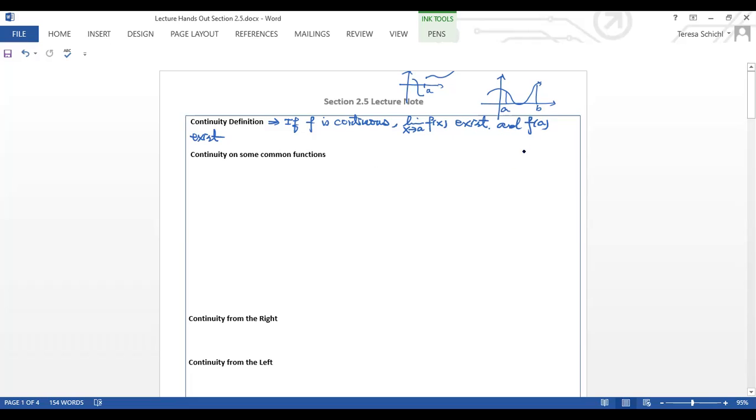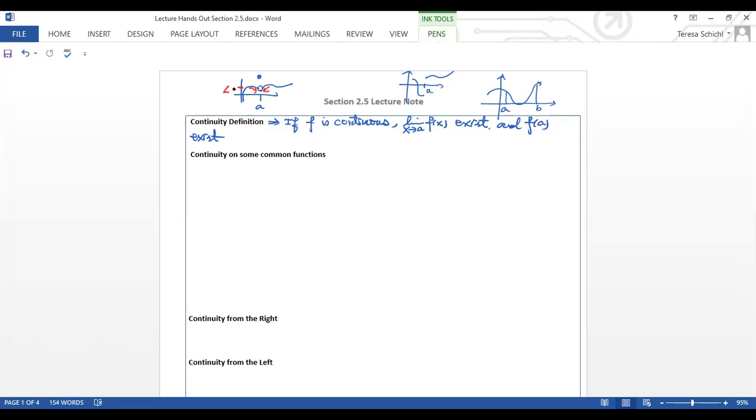Sometimes, for example, if you still remember, if I have a function like this, and this is A, we say the limit as f of x approaches A exists, because you approach from the right-hand side and from the left-hand side, and they both approach the same value here. We call this L, so it exists.